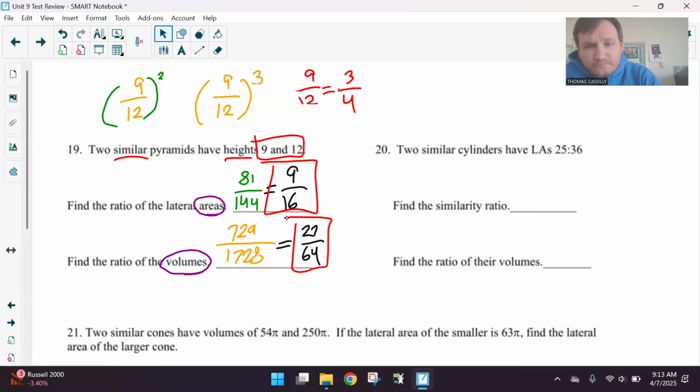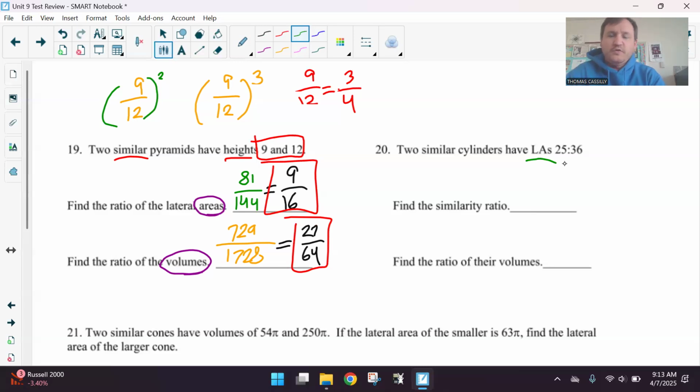Now on the next one, this one is different because we have similar lateral areas. How do we measure lateral areas? That is a squared unit. So I want to work backwards to the similarity ratio. What I need to do is take the 25 over 36 and square root both of these.